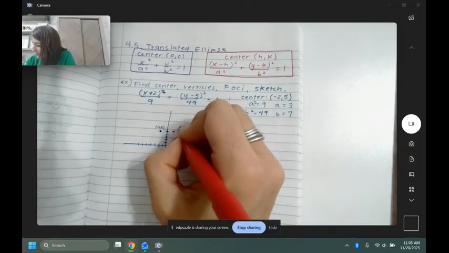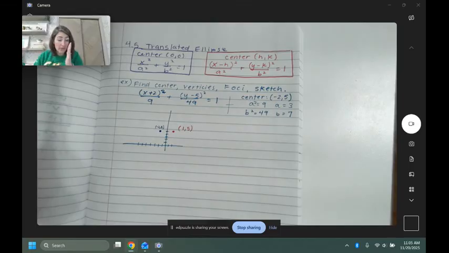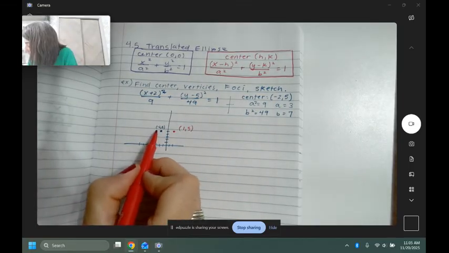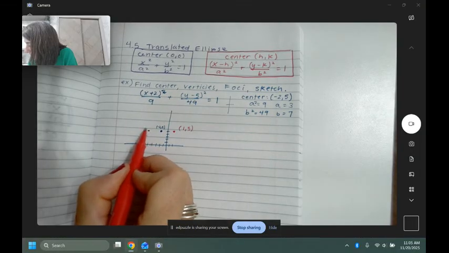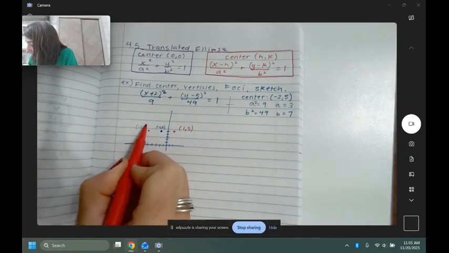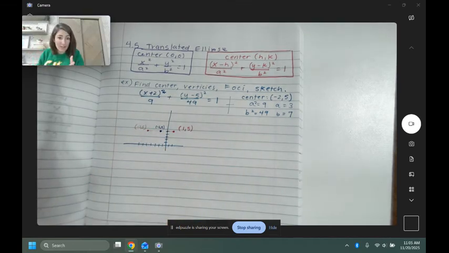This is the point (1, 5). It moved 3 over to the right, and then I'm going to move 3 over to the left. 1, 2, 3. And this will be the point (-5, 5). So this is my minor axis here.